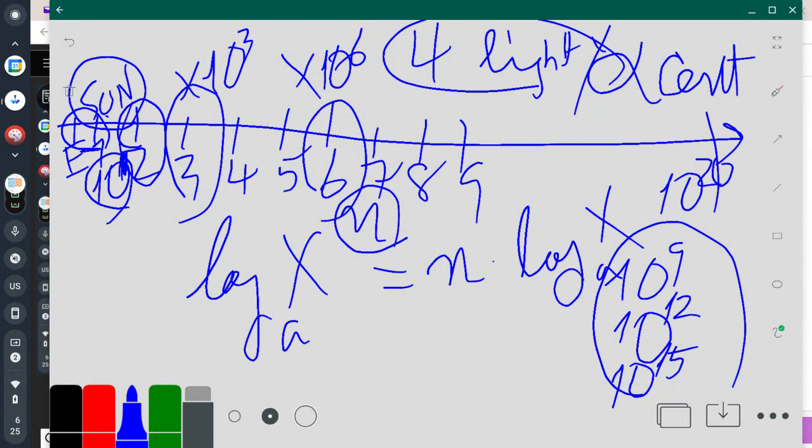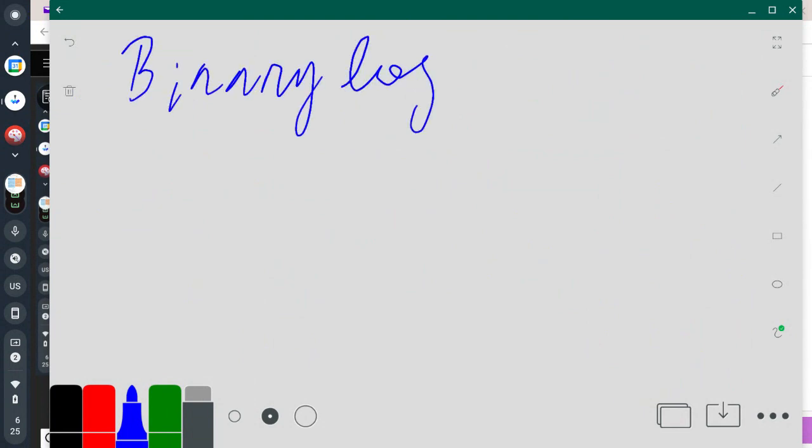So is common log the only log? No, we can use any number as the base of the log, but what is commonly used is 10. 10 is the base, the commonly used base. Also, there is a binary log, which uses 2 as the base.